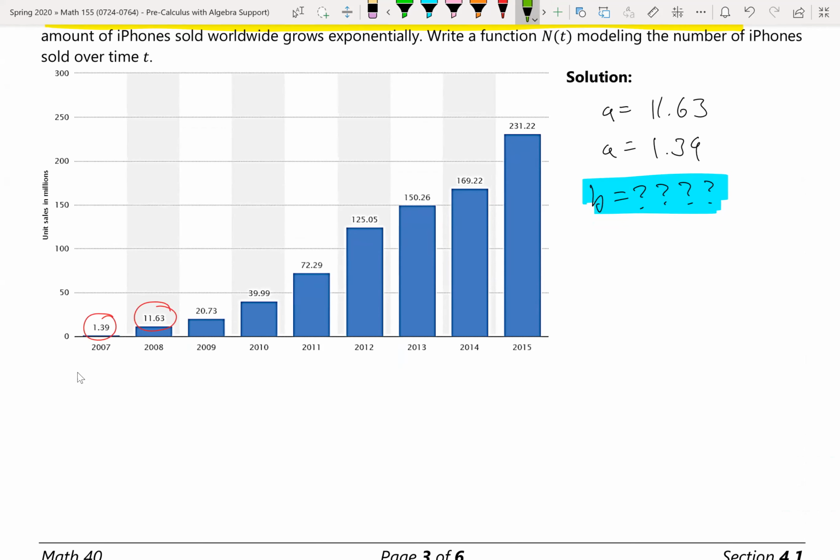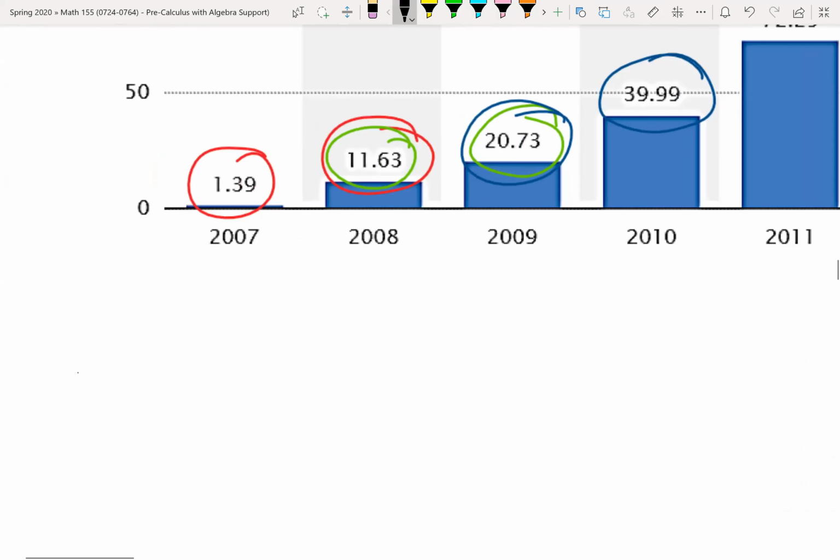Or this one and divide it by this one, or this one divided by the previous one. You guys see what I'm doing? I'm grabbing one value and dividing it by the next one, to see how much that one is growing over a year. Does that make sense?